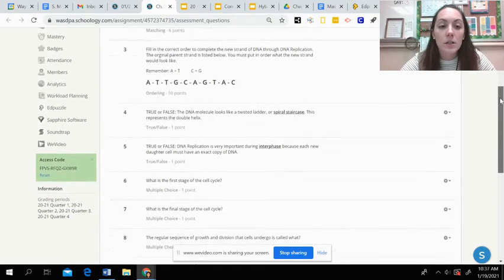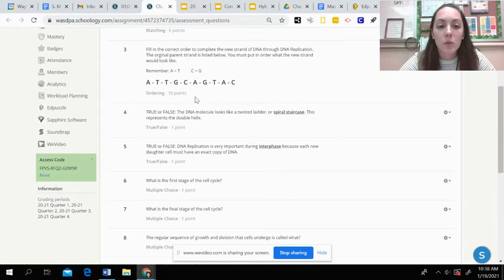This other big question that's ordering is to complete a new strand of DNA through DNA replication. I already gave you a parent strand, and you need to create the other side. This was similar to your warm-up from Monday, where you had to match the next side. Remember that A always goes along with T, and C always goes along with G. So this is your parent strand.